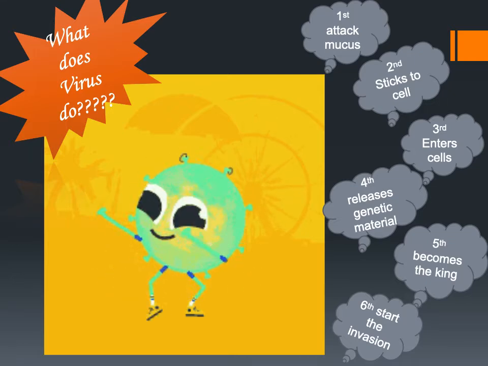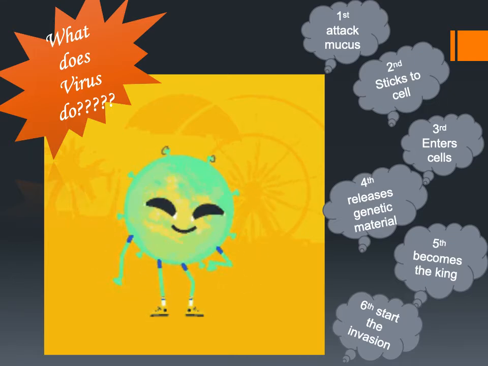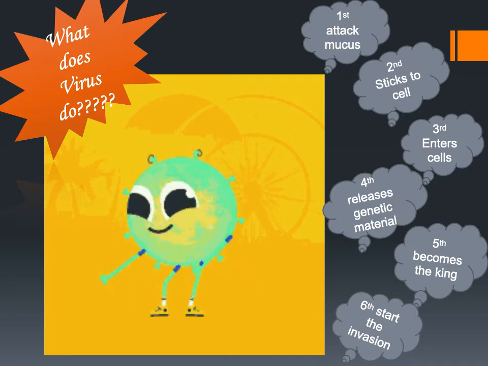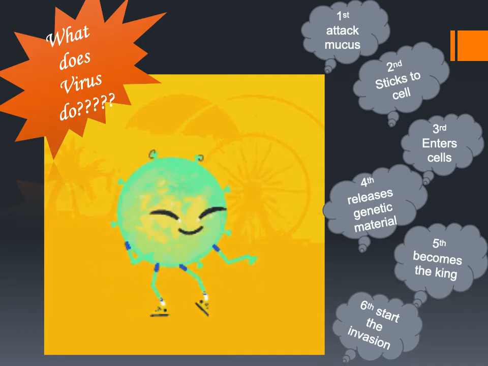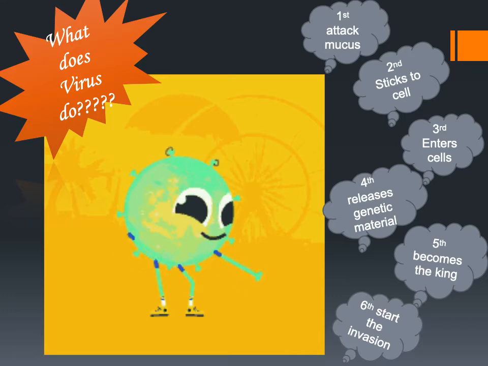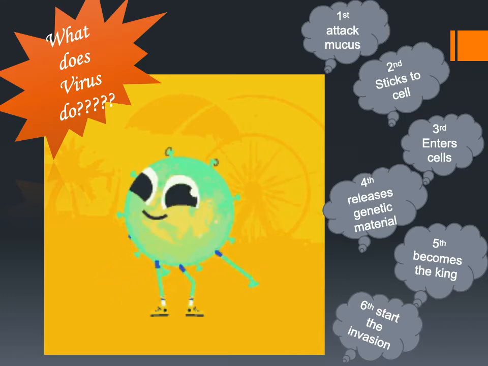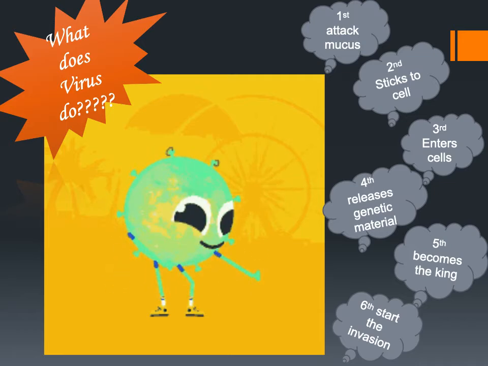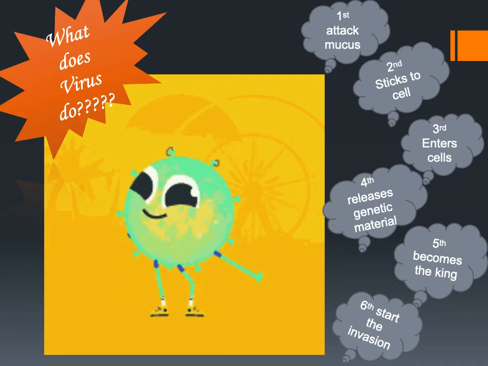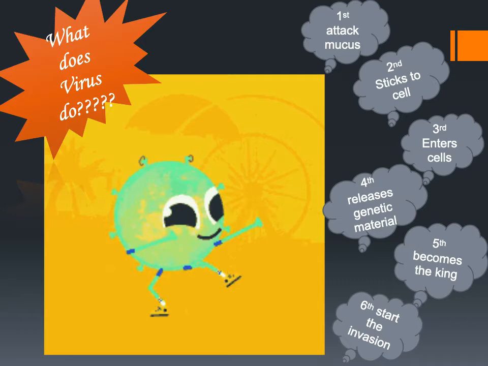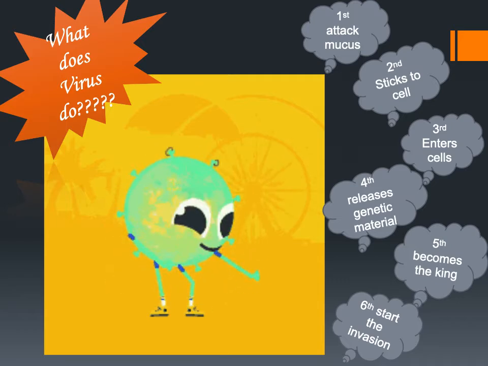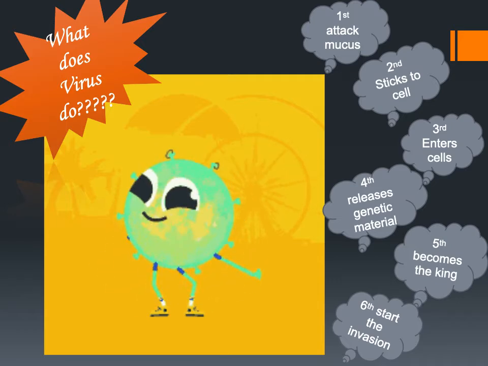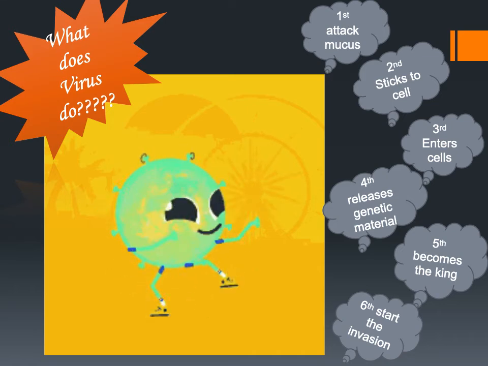Once it produces numerous viruses, it takes the overall power of the host cell and becomes a king. Then invasion starts and it spreads the infection to the various cells of the human body. Fine, so this is what the virus does.